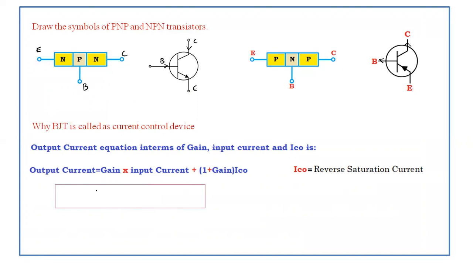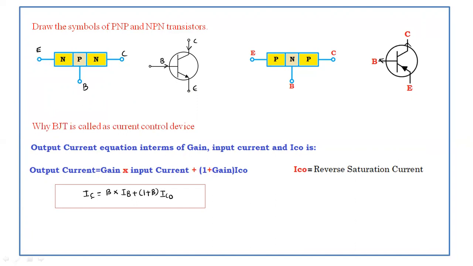In the case of the common emitter configuration, the output current is IC, the gain is beta, and the input current is IB: IC = beta IB + (1 + beta) ICO. This is the output current equation of the BJT.